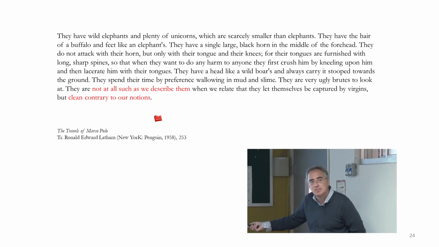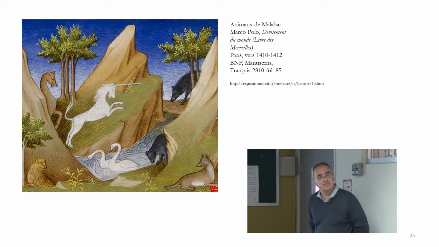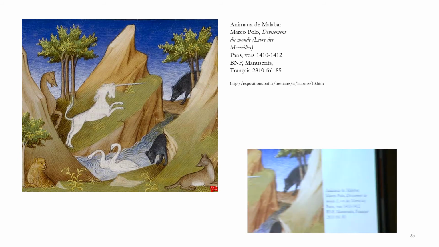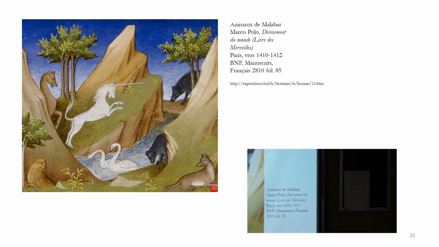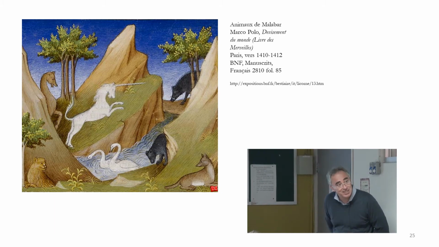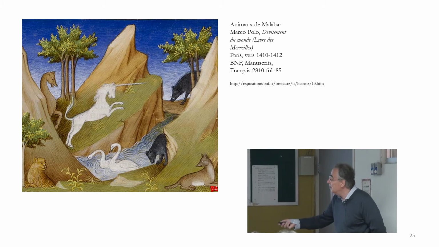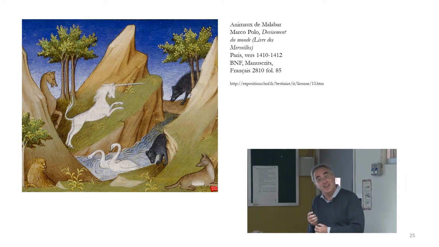This passage is illustrated by this. So, the person illustrating the text decided to show a rhinoceros, or rather a unicorn. So notice that there is absolutely no connection between Marco Polo's unicorn, what the words describe, and what the image shows.